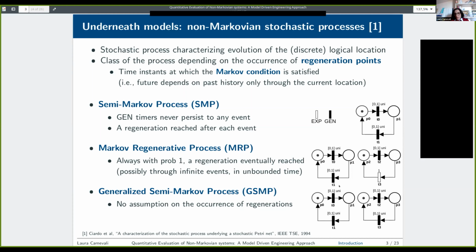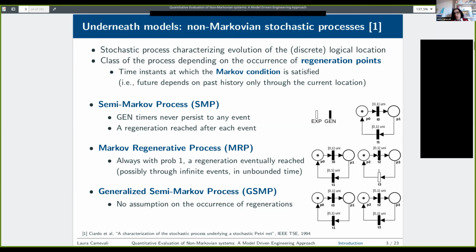If this transition here, T3, this general transition, is replaced with an exponential transition, white bars represent exponential transitions, then regenerations can be encountered also after the initial regeneration. So for instance, in this case, T0 and T2 are initially enabled.